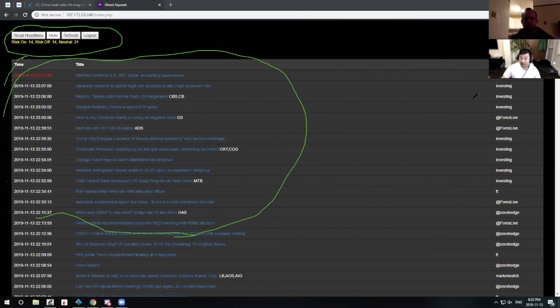Just to wrap up in conclusion, this is a tool that we're developing and expanding upon. As of now, you have access to the squawk, the risk on, risk off indicator, and the real time headlines.